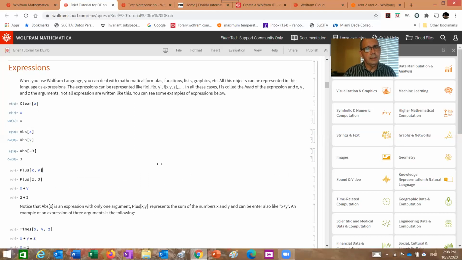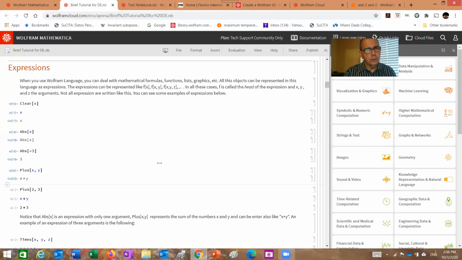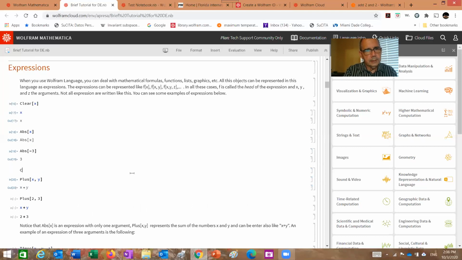This is another example, Plus of x comma y. This is the built-in function that takes the values of x and y and adds them, obtaining the sum of these two values. You press Enter. In this case, you get x plus y. Notice that y doesn't have any value. If it has a value, it's going to appear here. If you don't want any value for this, you need to clear that value before, and you can do it like this: Clear y.